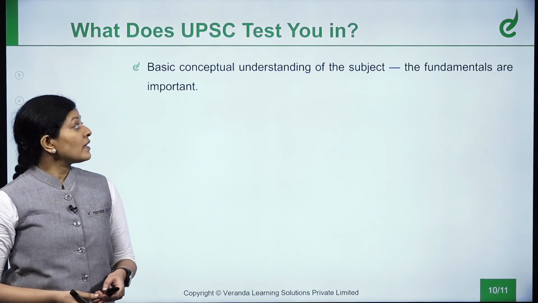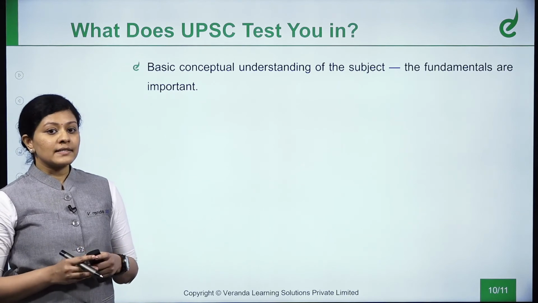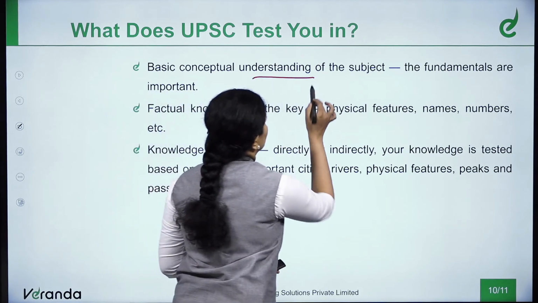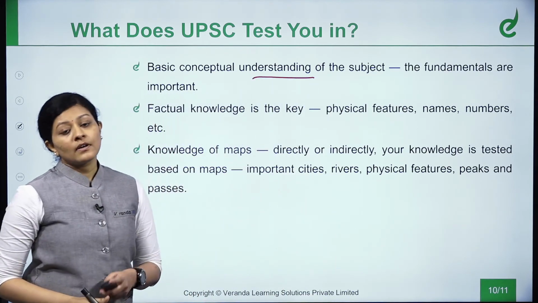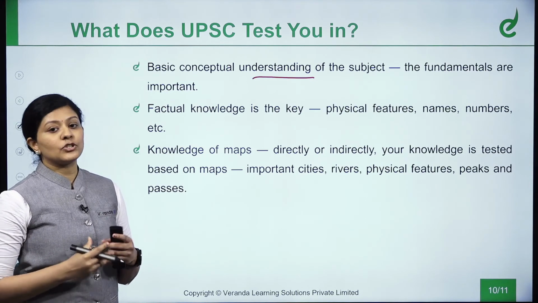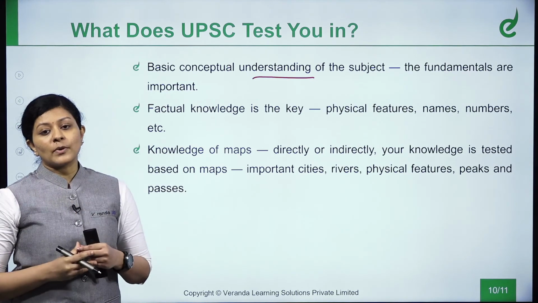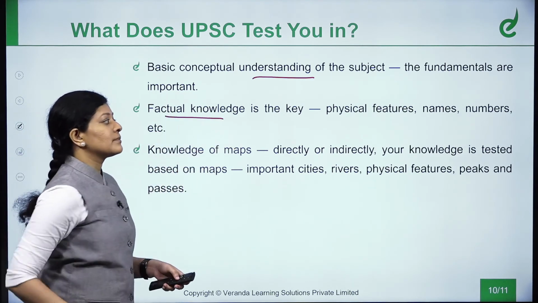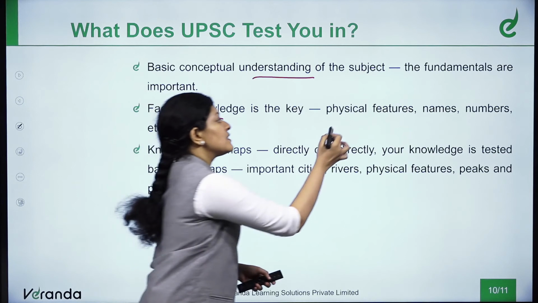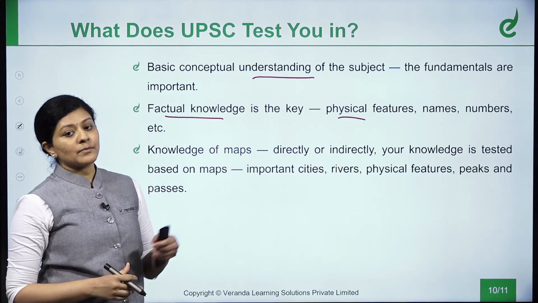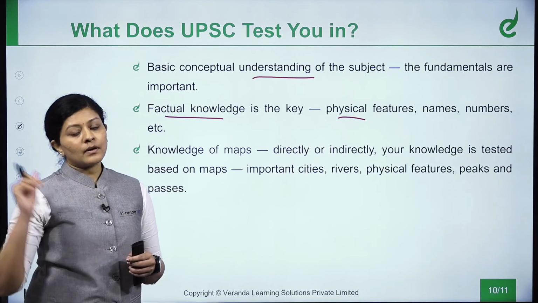So what does UPSC test you on in the exam process? It tests you on the basic understanding of the subject, the fundamentals of geography, like how good you are in conceptual understanding, like geomorphology, the process of formation of cyclones or tsunamis. It also tests you on factual knowledge, like asking about physical features around the world, the deserts of the world, the names of certain rivers, and the basins of the rivers.